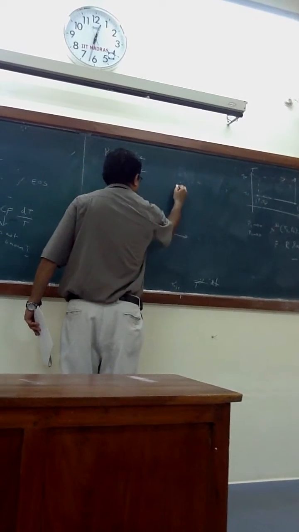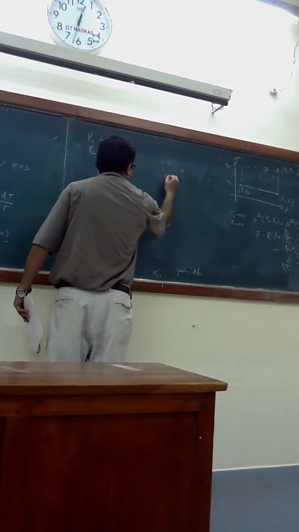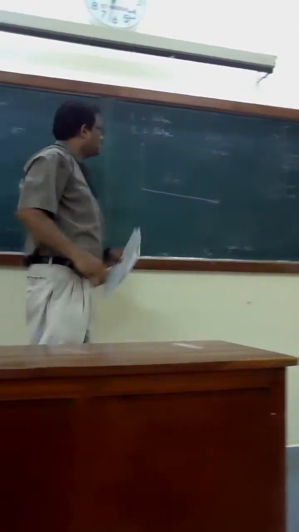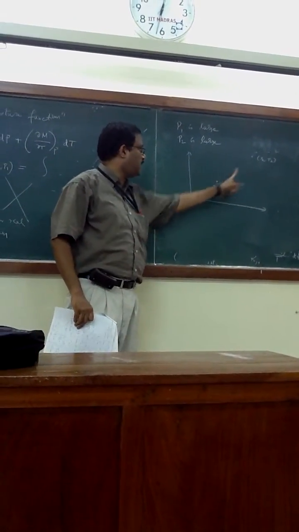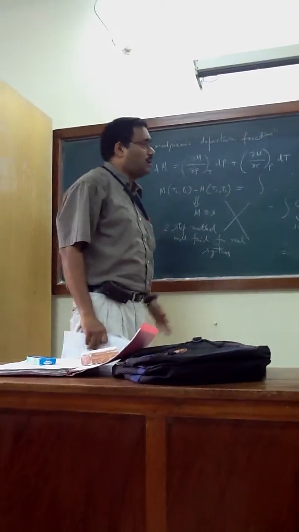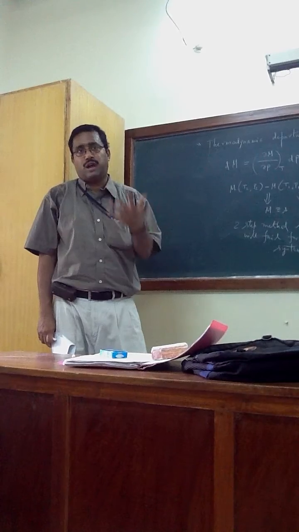This point is P1, this point is P2. From here I have to come here to calculate the change in property, very simple. As a chemical engineer, you have to calculate change in property.